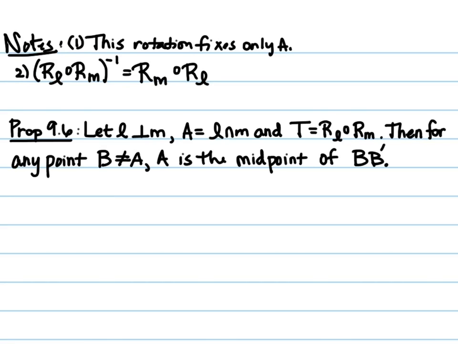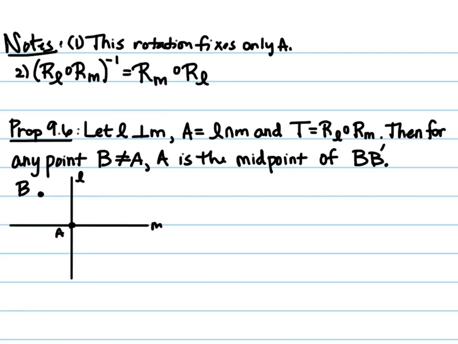So we'll draw a picture for that. We have to have perpendicular lines. Here's L and M, and A is their point in common in the middle. B is any other point.